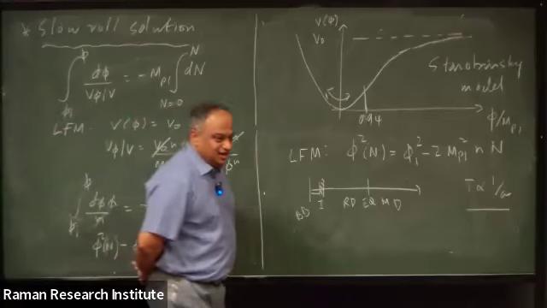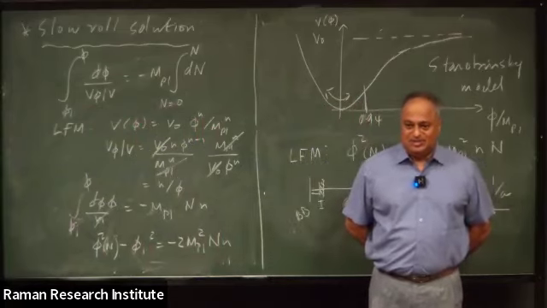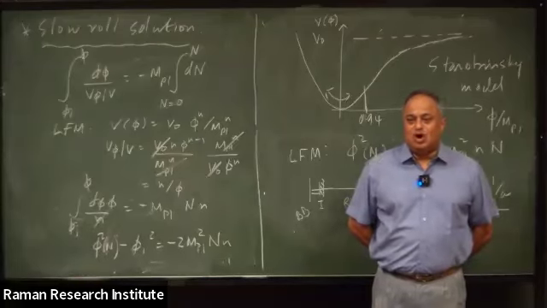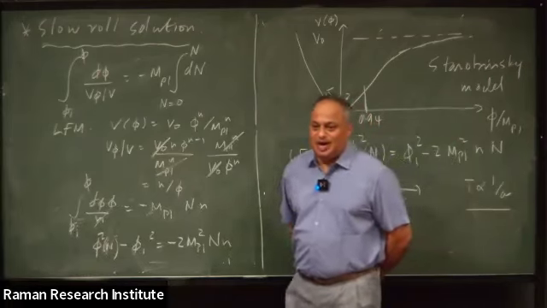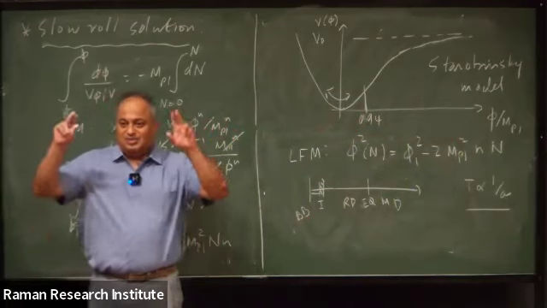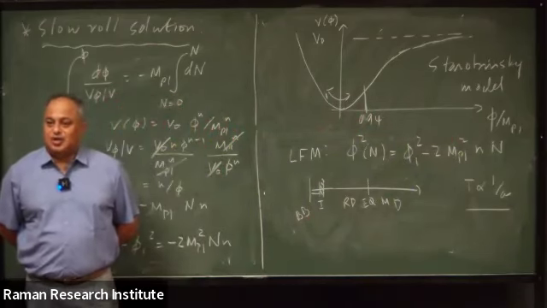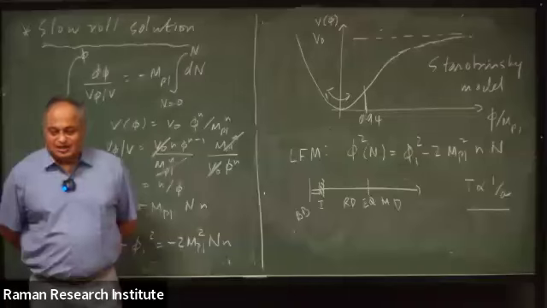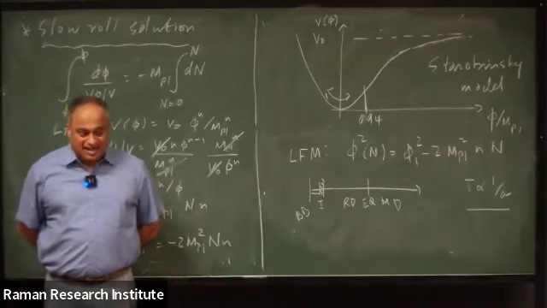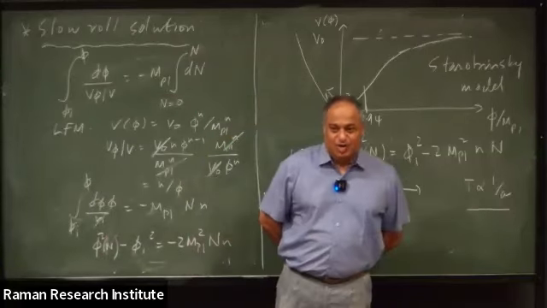It is not evident when you make that approximation why H is constant, but remember H dot is minus phi dot squared by 2 MPL squared. You are assuming phi dot squared is small, and therefore H dot is negligible, and therefore H is a constant. As I said already, all these assumptions are confirmed by exact numerical calculation. The slow roll approximation is a remarkably good approximation.